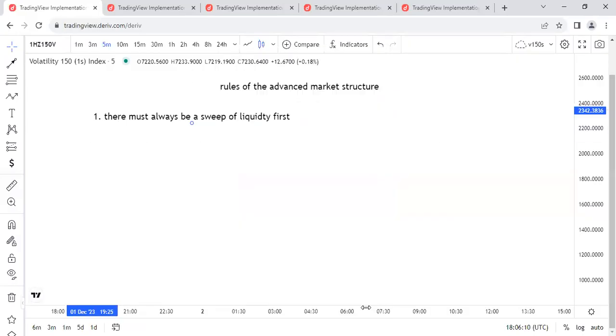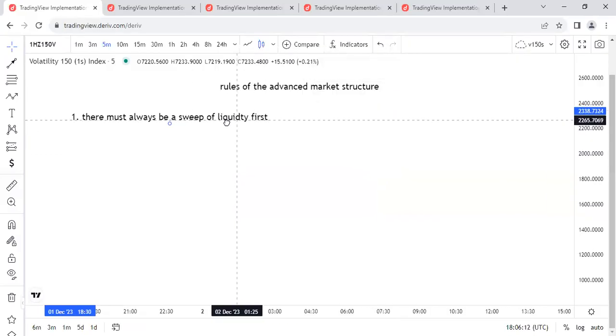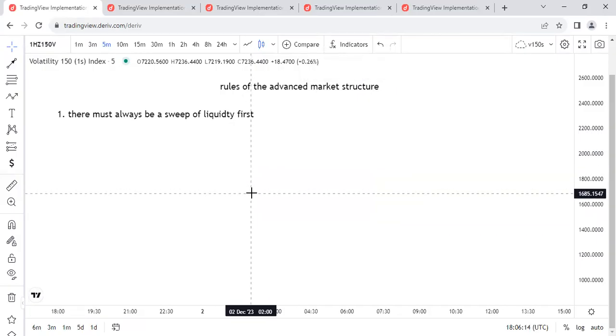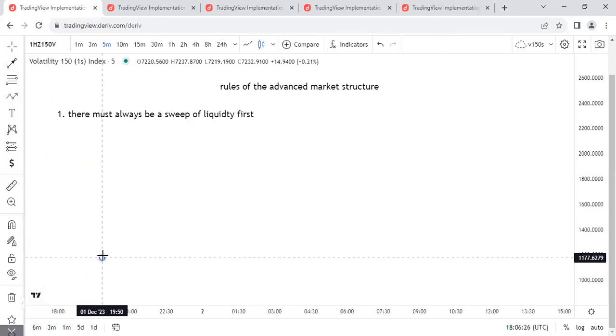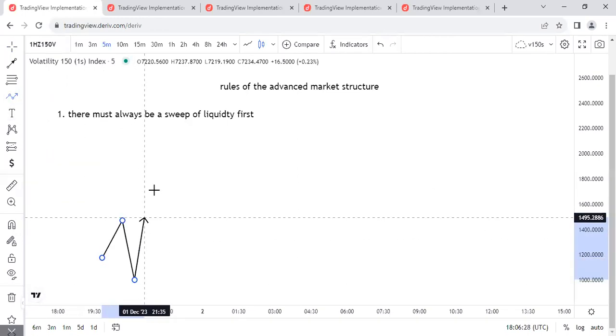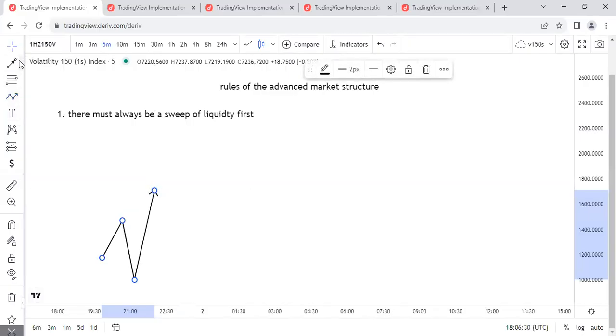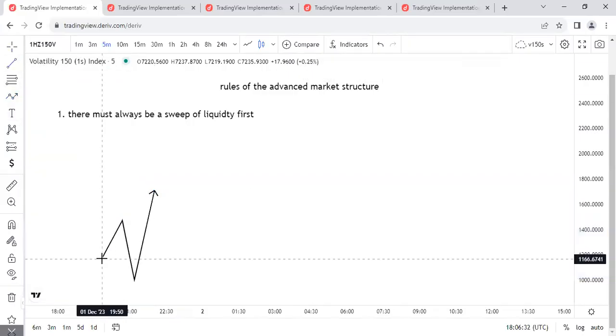Very, very important. If there's not a sweep of liquidity in the market, the advanced market structure is not complete. Okay, it is not complete. It needs to be there. There must be a sweep of liquidity. I'm going to start marking it out. There must be a sweep of what? Liquidity. This is your sweep.